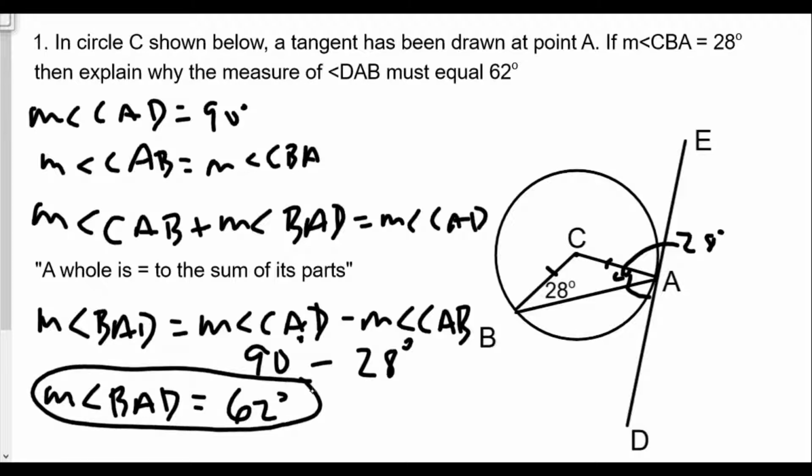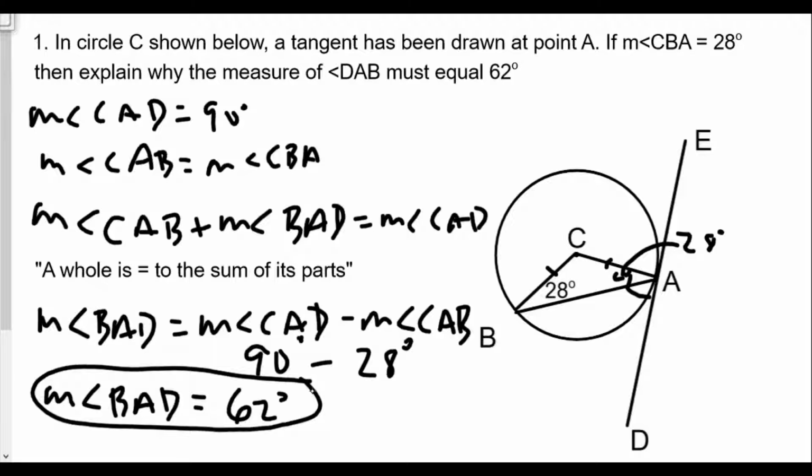So this is the reasoning we have here. We explain that the measure of angle CAD is 90 degrees because a tangent is perpendicular to the radius that intersects at the point of tangency. We also know that CB and CA are congruent because all radii are congruent. Therefore, the measure of angle CBA must equal the measure of angle CAB, and so angle CAB is 28 degrees.